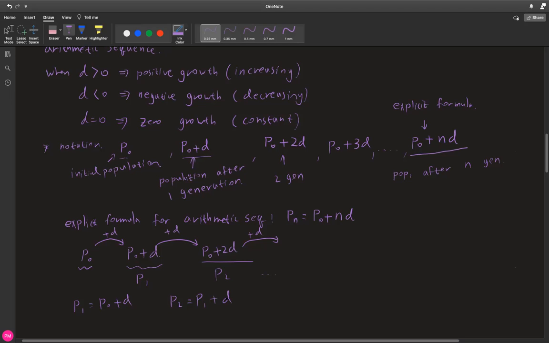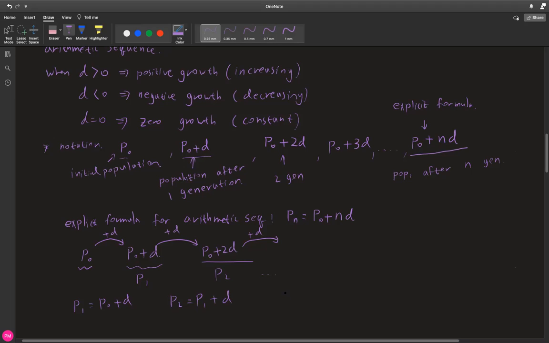Simply, if given any term in the sequence, you simply have to get the previous term and add the common difference.